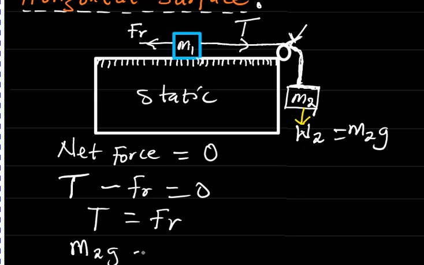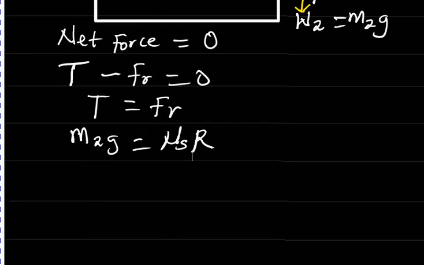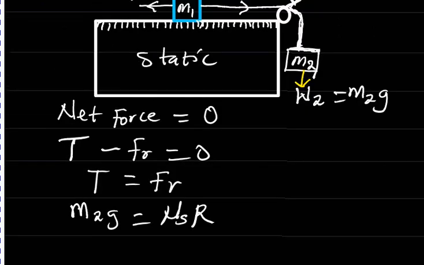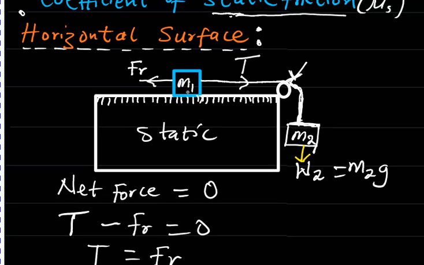Then frictional force, we know that frictional force is equal to mu, in this case the coefficient of static frictional force, mu s, multiplied by the normal reaction. And what is normal reaction? I told you that the normal reaction on a surface is always equal to the weight of the mass on the surface, because the normal reaction is such that it will withstand the weight on the surface.